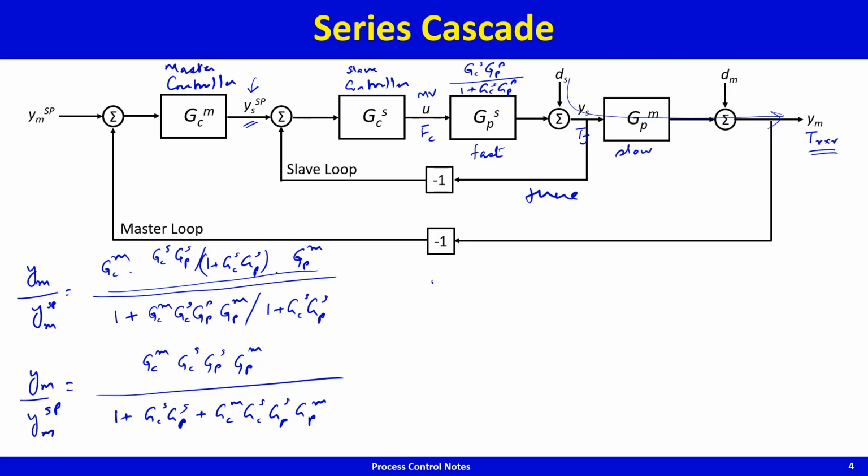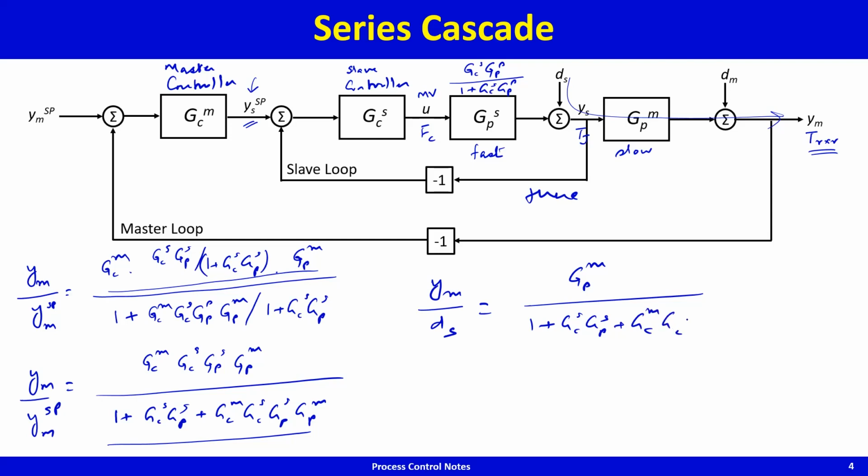The transfer function ym by ds is going to be GPM divided by this guy: 1 plus GCS GPS plus GCM GCS GPS GPM.